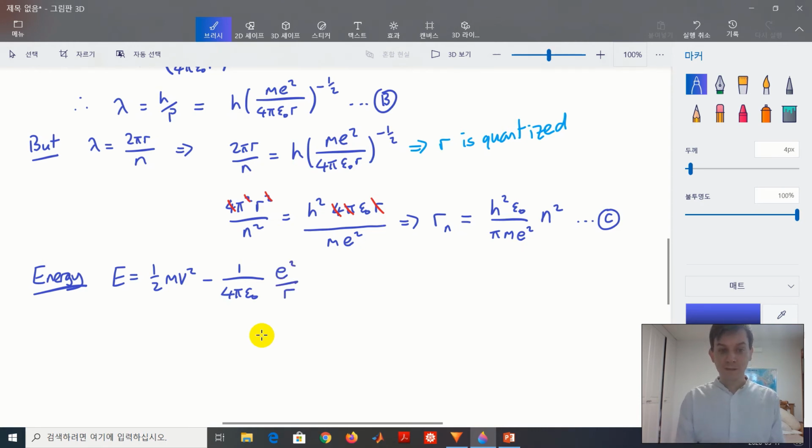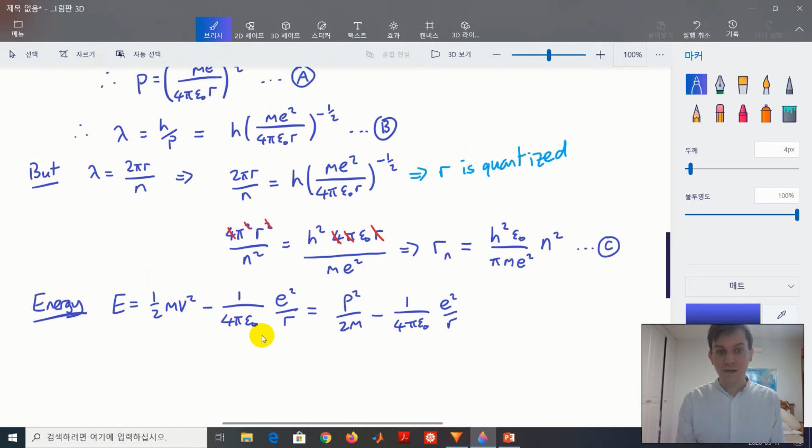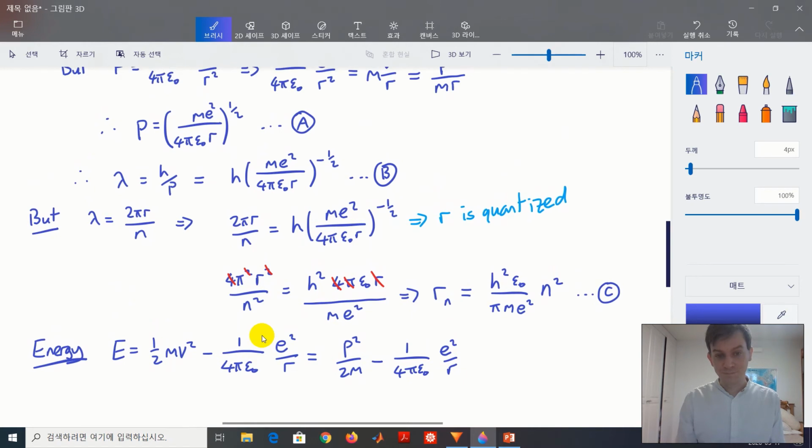Okay, so this we can write, again use the same idea to rewrite velocity in terms of momentum. So this is p squared over 2m minus 1 over 4 pi epsilon 0 e squared over r. Okay, but now if we go up and we look at the formula for momentum here, A, we see that if we square this, we get a term which looks very much like the potential energy term down there.